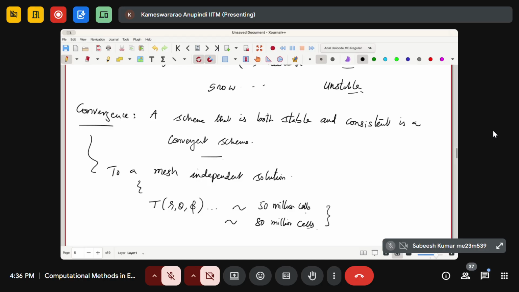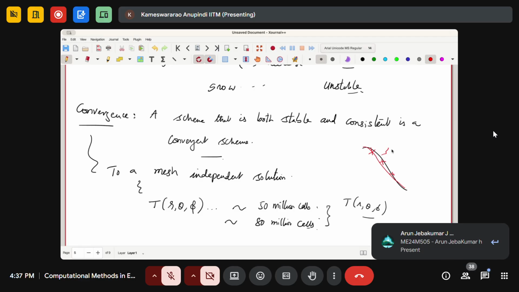Then you show that at those cells which are in both of them, the temperature profiles are not very different; they essentially match each other. Then we can say we have reached a grid independent solution. That is also known as convergence. The solution has converged, and this is typically used in this context.